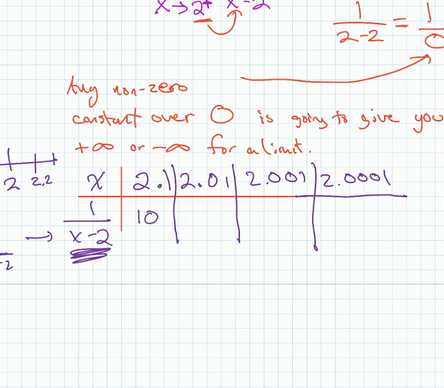Then you plug 2.01 into this function, and you get 100. Plug this one in, you get 1,000.